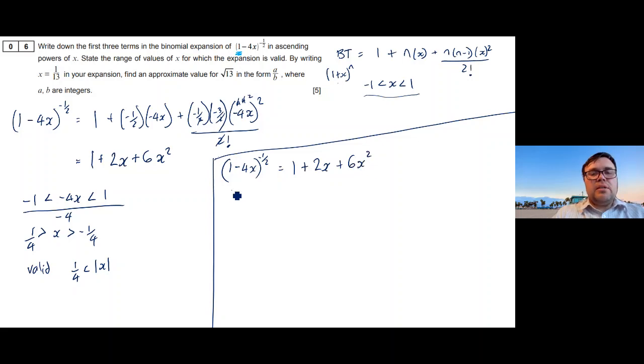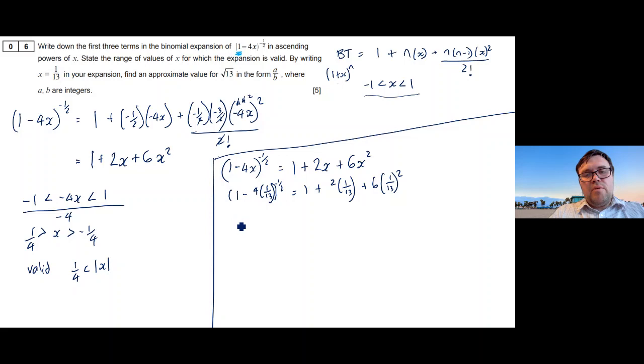And wherever you see an x, you're going to put 1 over 13. So it's 1 minus 4 times 1 over 13 to the power of minus a half is 1 plus 2 times 1 over 13 plus 6 times 1 over 13 squared. Again, the right hand side, you can easily substitute and put straight into the calculator.